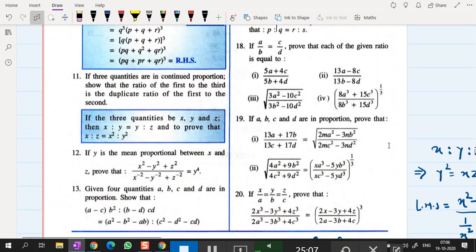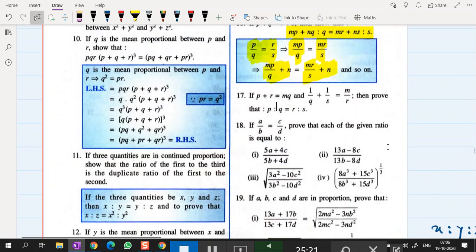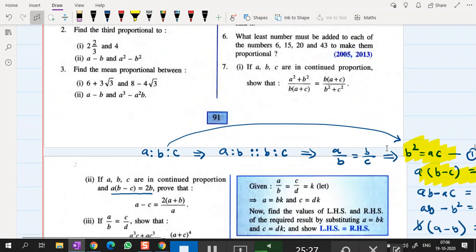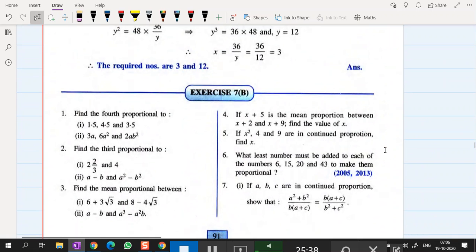Anything else in 7B? Yes. In our textbook 7B, we only have questions up to 17, but in yours I can see 18, 19, and 20 as well. Yeah, there are certain questions which are removed from the syllabus. I have the old version of the textbook. You have the latest version, so they keep on updating the textbook and removing certain questions.